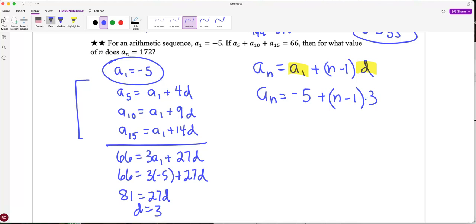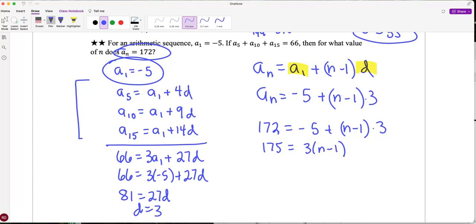For what value of N does AN equal 172? So 172 equals negative 5 plus N minus 1 times 3. So 175 equals 3 times N minus 1. Divide by 3.